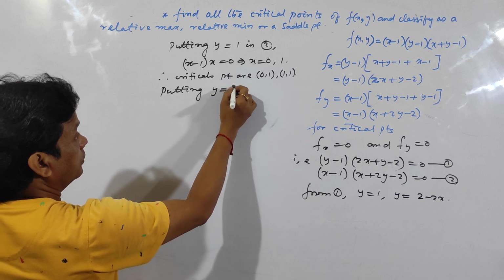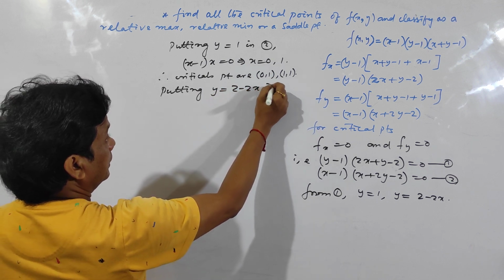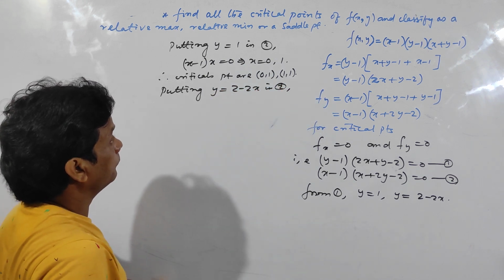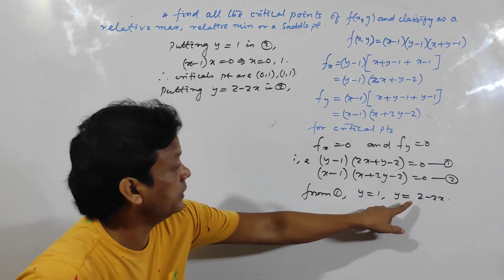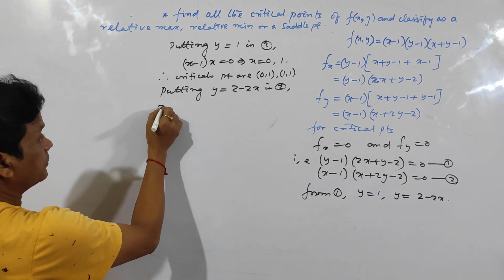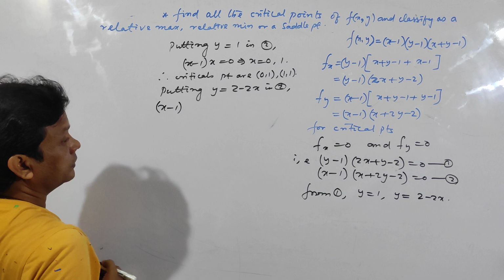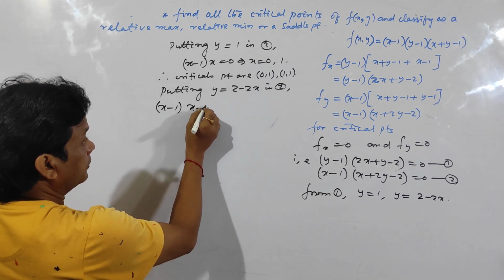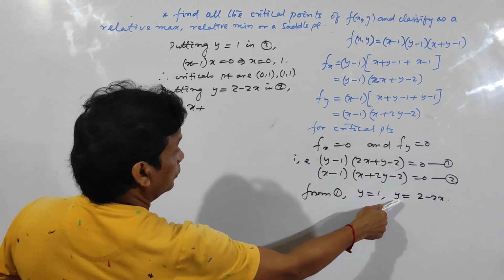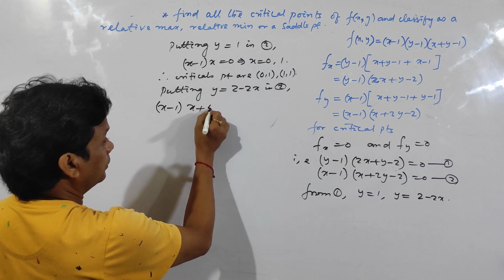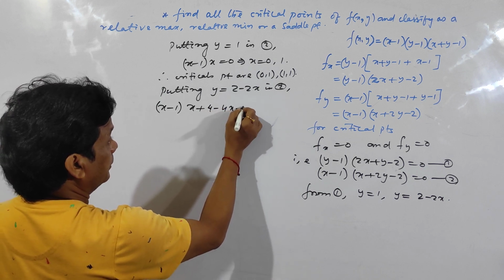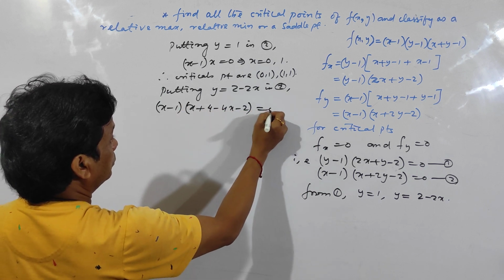Again, second case. Putting y is equal to 2 minus 2x in equation 2. It is x minus 1 into x plus 2y. 2y means multiply by 2. It is 4 minus 4x minus 2 equal to 0.